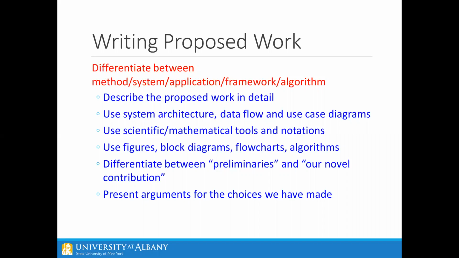You could have done this, you could have done that, but there are some limitations or disadvantages with those options, so therefore you chose this option. Those kinds of arguments should be provided, rather than just saying that we use this because it is available to us. No, you should also explore what the other options were and why you chose this option over the other options.